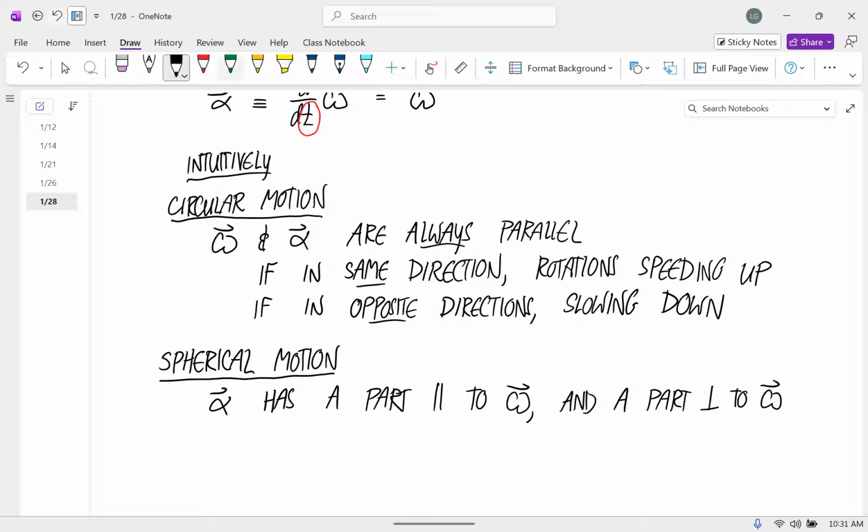The part that's parallel to the angular velocity, I'm going to call alpha parallel. The part that's perpendicular, I'm going to call alpha perpendicular.